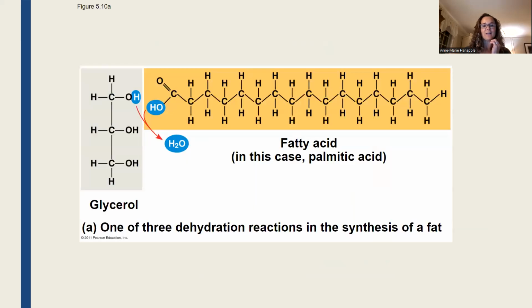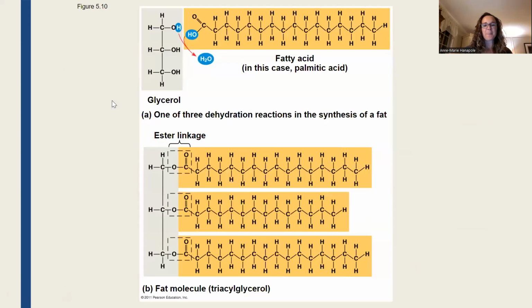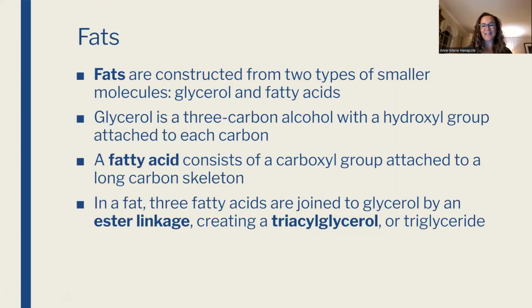So if we look at this picture here, the fatty acid is this long chain up here in orange, and then the glycerol molecule over here in gray. And so you can see the dehydration synthesis reaction is going to combine this carbon over here onto this carbon over here, making an ester linkage.